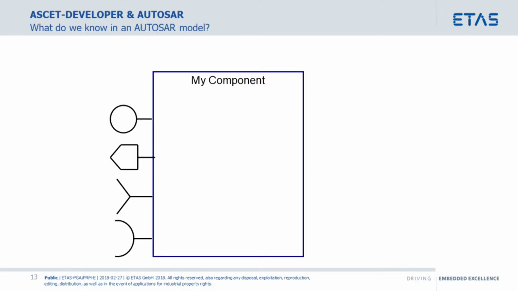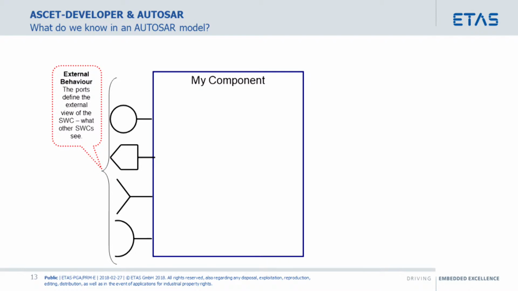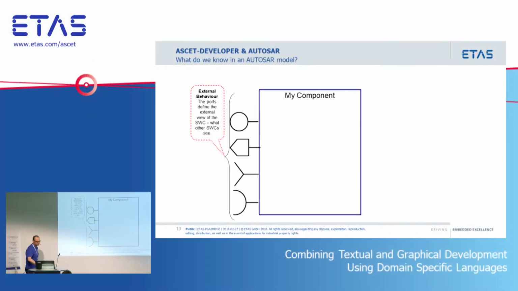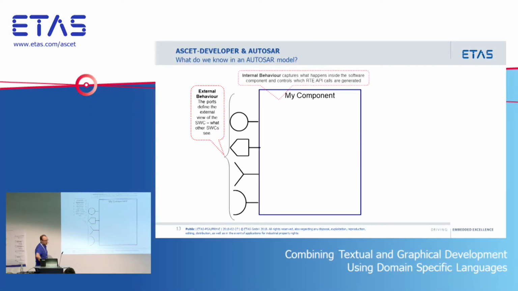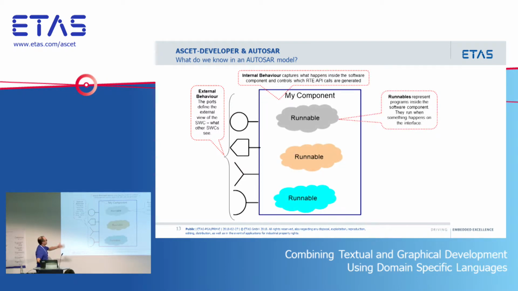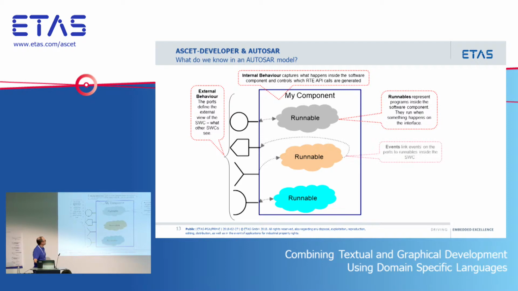So if I take a software component, it looks a bit like a PlayStation here. But I've got some inputs on the outside of it, some external behavior. Data comes in, data goes out, function calls come in, responses to function calls come out. Pretty easy. And it's got some internal behavior that captures all the various things there. It's got a set of runnables, so basically threads of execution.